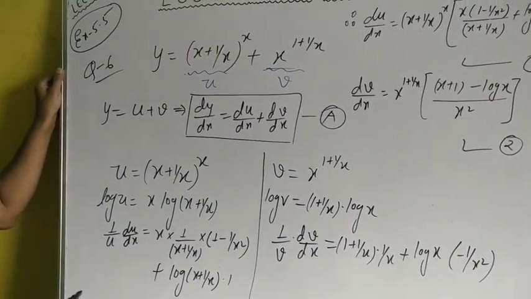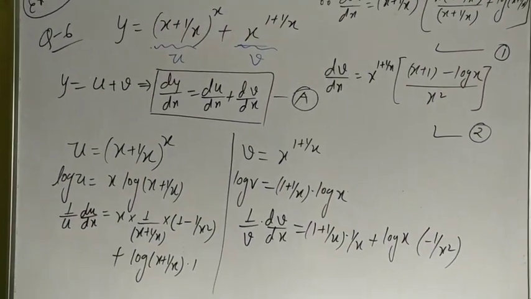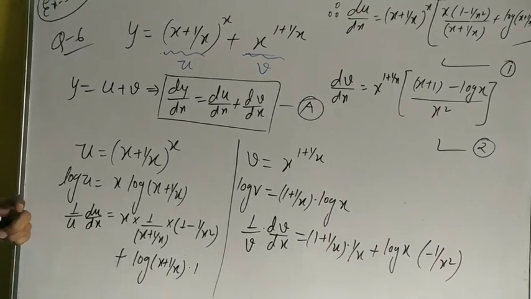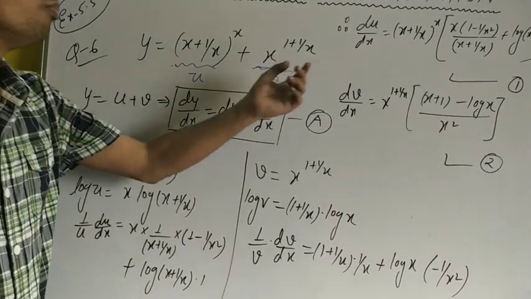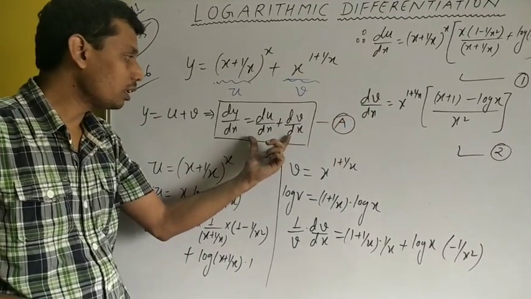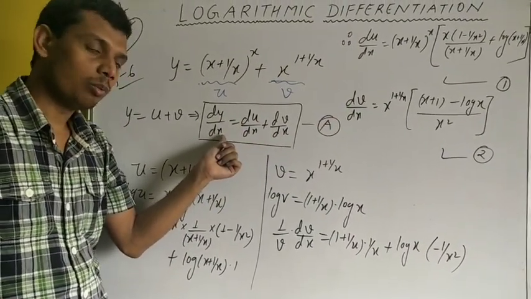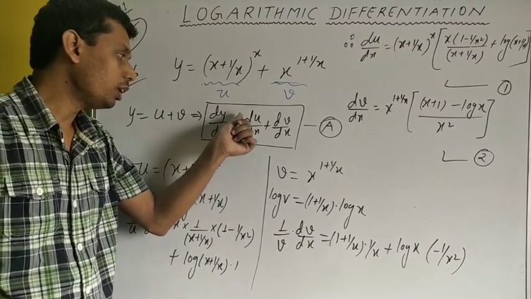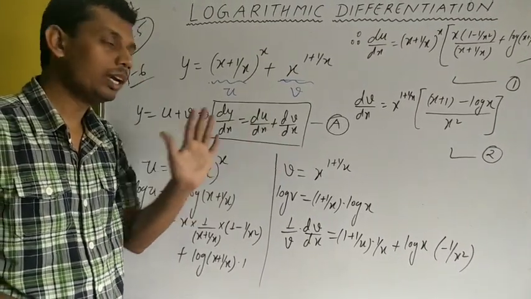So we have the value of du by dx as well as dv by dx. Now when we substitute du by dx and dv by dx in equation A, we'll get the value of dy by dx, because dy by dx is equal to du by dx plus dv by dx.